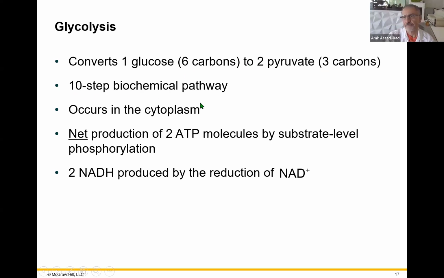Breakdown of 1 glucose to 2 pyruvate has 10 steps. It occurs where? In cytoplasm. Remember I said this happens this side of the cell, this happens this side of the cell. You have to know these things. Where does glycolysis happen? In the cytoplasm of the cell.